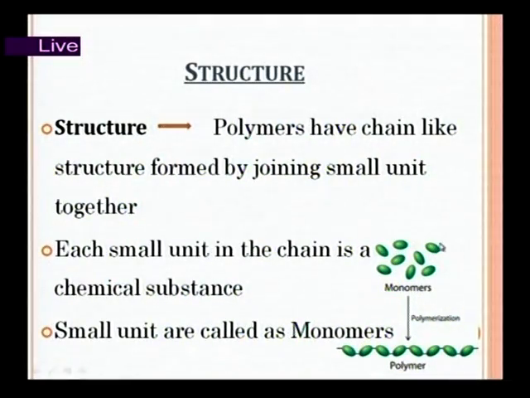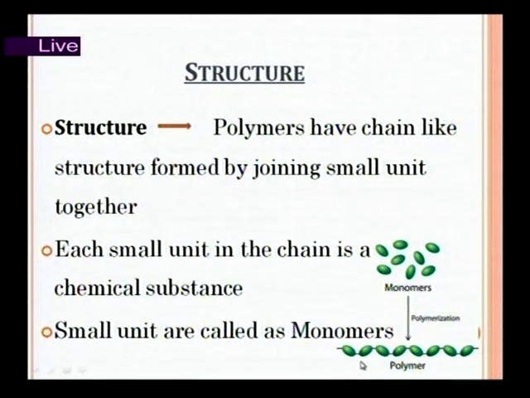So see here, these are the monomers, the small units. These small monomers are combined together, so we form a chain-like structure, and this chain-like structure is called a polymer.